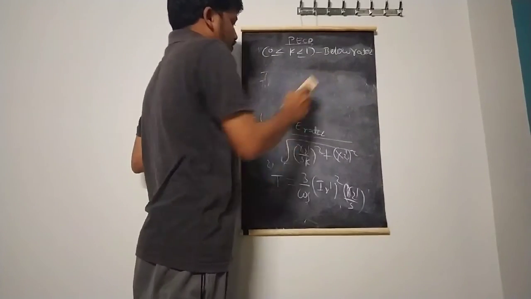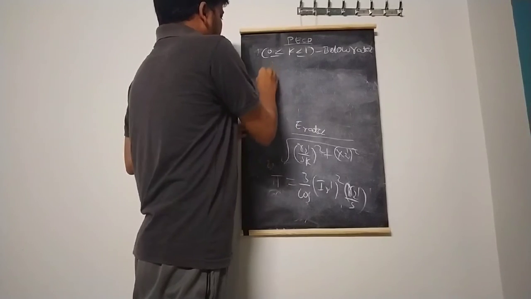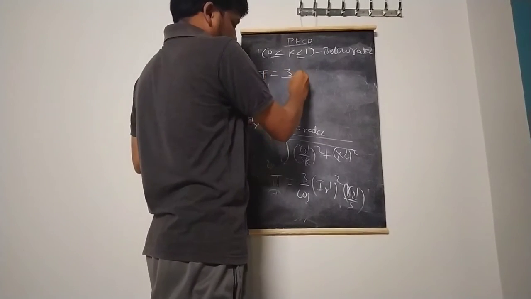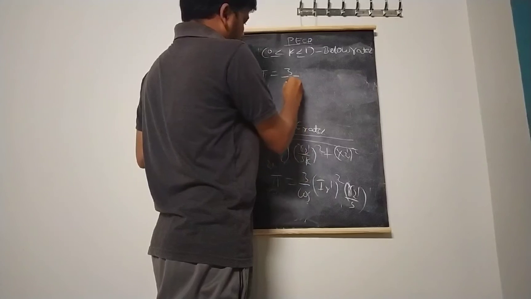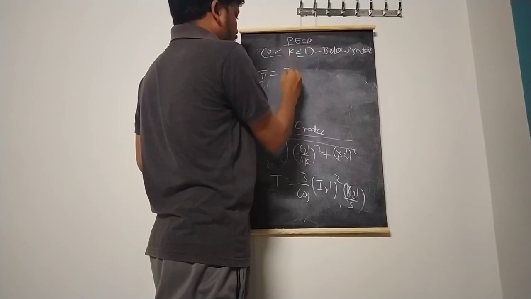whenever we substitute this, the torque equation is equal to 3 by k omega s, because omega is replaced with k omega s, the synchronous speed as a function of k.